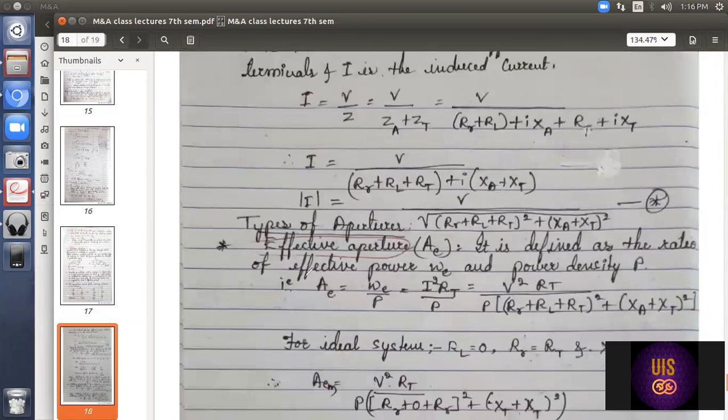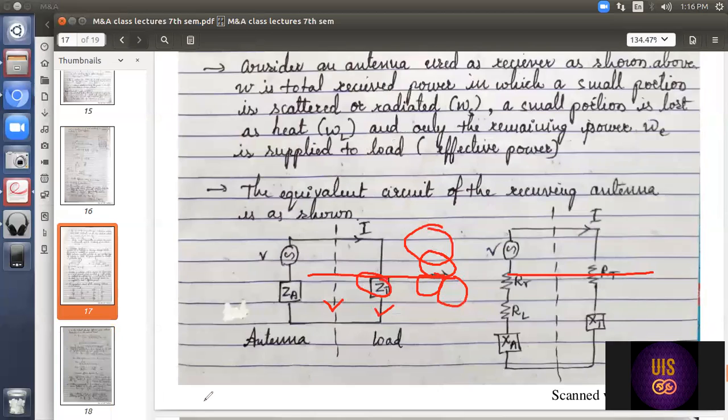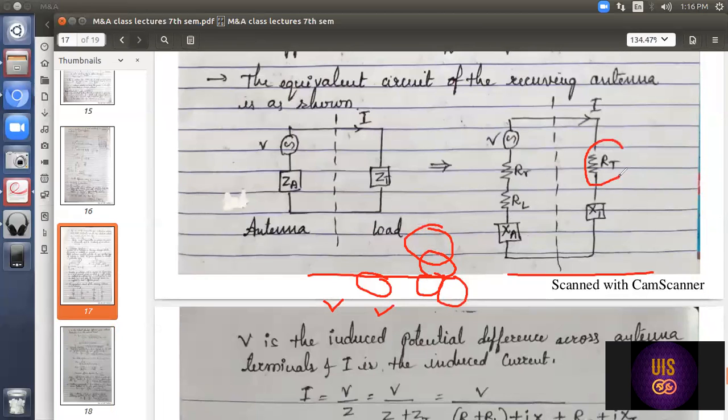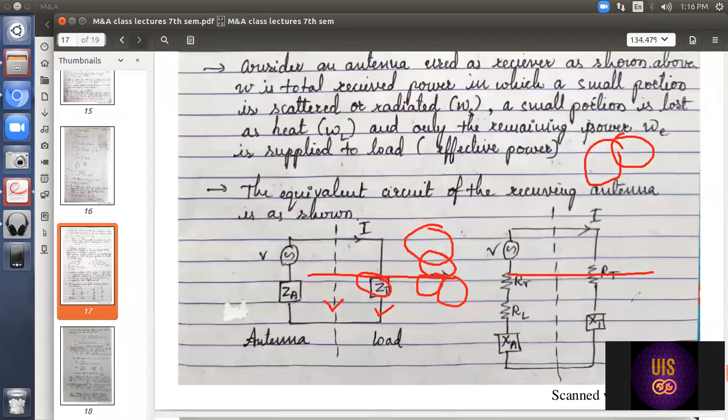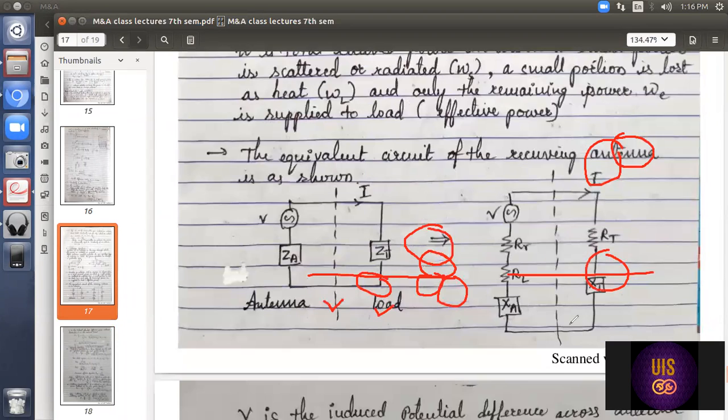Effective power WE divided by power density P, and we use WE because we are talking about effective power. So AE is equal to WE divided by P, and WE, that is power, is equal to I square R. So I square into RT. Why RT? Because the load is at the end. Effective power will be at the end, right? Check the figure, it is near the load side. That's why the resistance counted is RT.